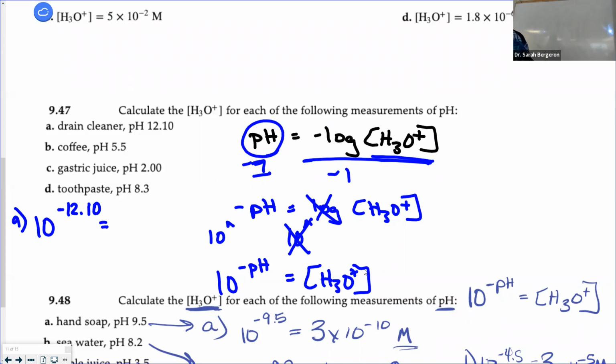What do you get? 7.94. 7.94 times 10 to the what? Negative 13. Everybody get that on their calculators? One of the other things, you have to look at your calculator settings.